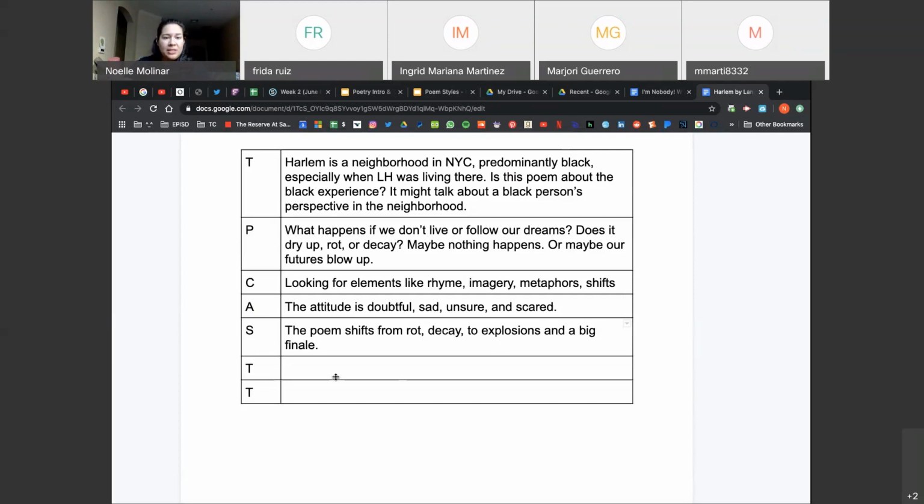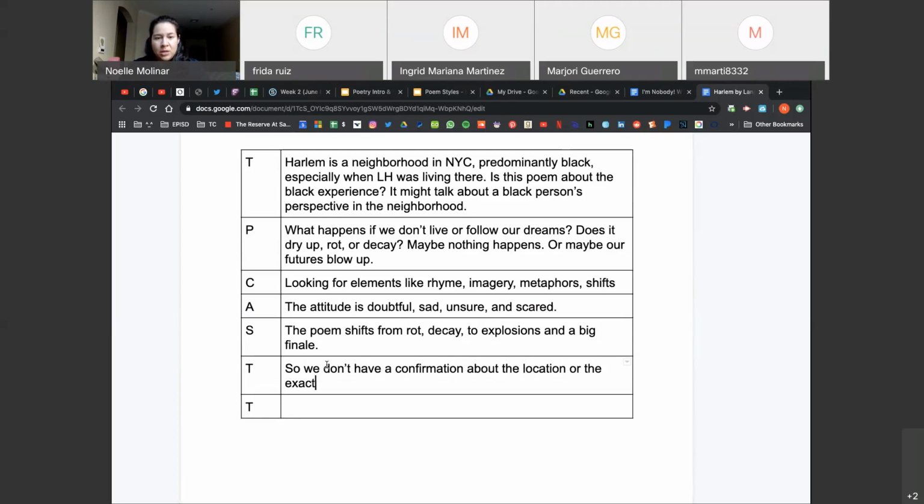So our last T is title again. So we don't have a confirmation about the location or the exact person's experience. But I did some research. Turns out that Langston Hughes is an African American man.